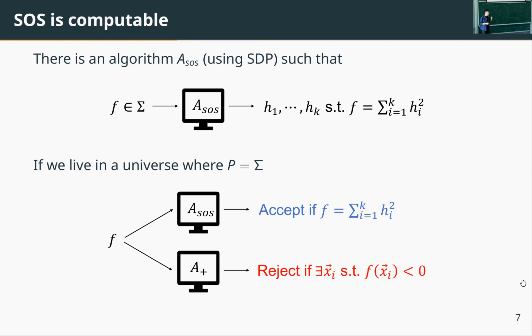If I give you a polynomial which is positive, then the first subroutine will output a decomposition, because we assume every positive polynomial has such a decomposition. So in this case, you know the polynomial is positive. If I give you a polynomial that is not positive, then in my naive algorithm, you will eventually find some x_i such that f(x_i) is negative. Then you know this is not a positive polynomial.